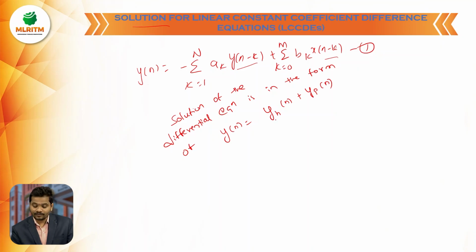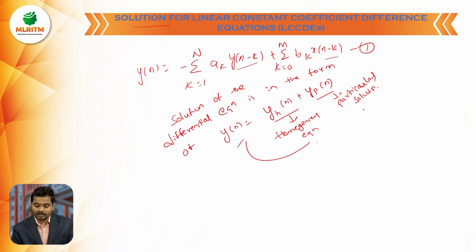What are yh of n and yp of n? Yh of n is the homogeneous solution and yp of n is the particular solution. The combination of homogeneous and particular is the general solution for this LCCDE. So how do we find the homogeneous and particular solutions?